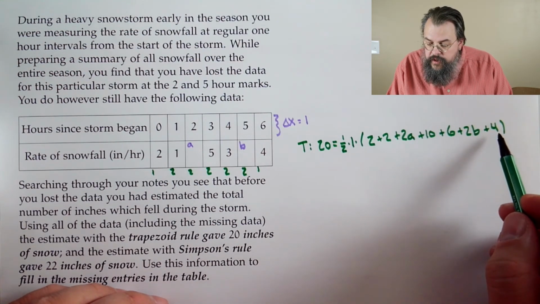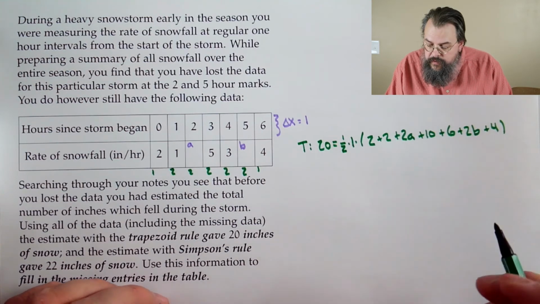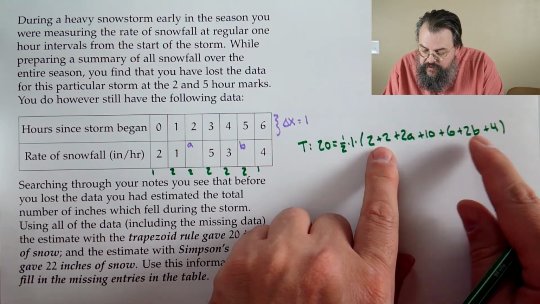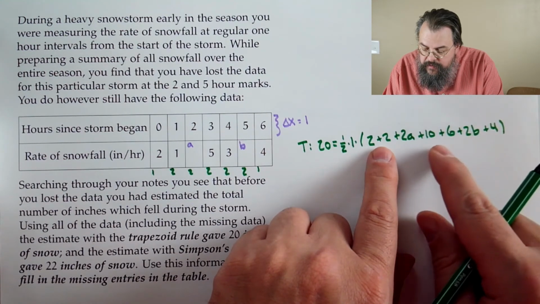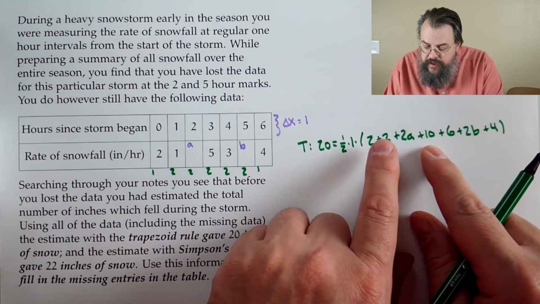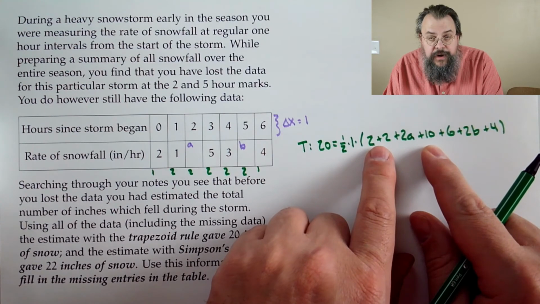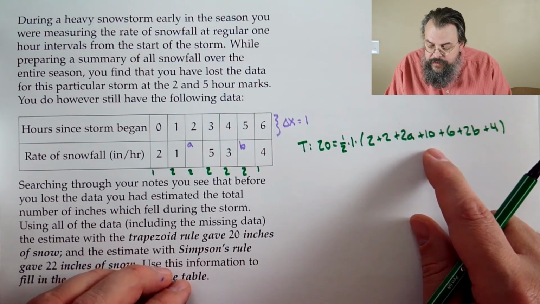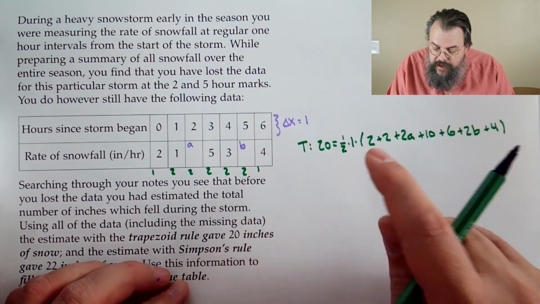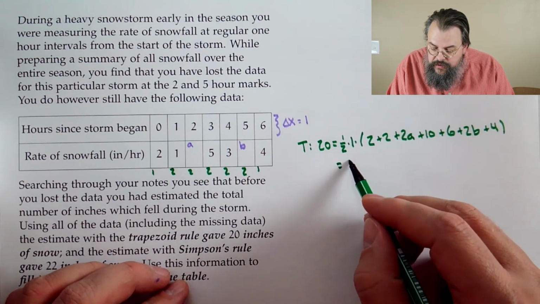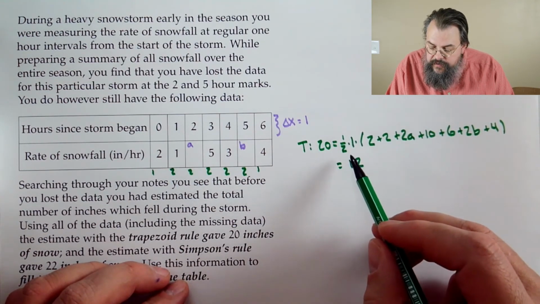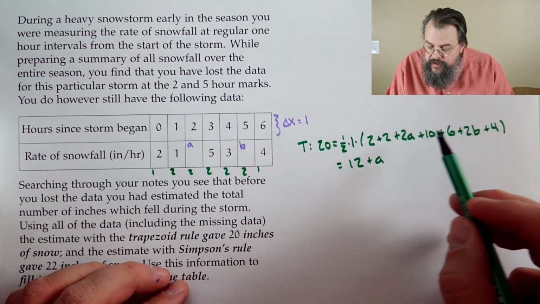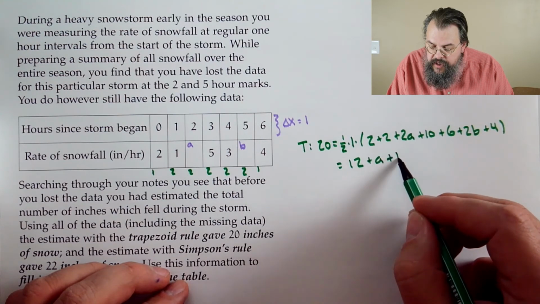Plus 4 makes 26. Wait, did we do that right? Let's think about it a different way. 6 and 4 make 10, right? Plus 10 more makes 20. Yeah, 24. There we go. That's what it should be, 24. So we have 24 times the half. That would be 12. And a half times 2A plus A. And then a half times 2B plus B.